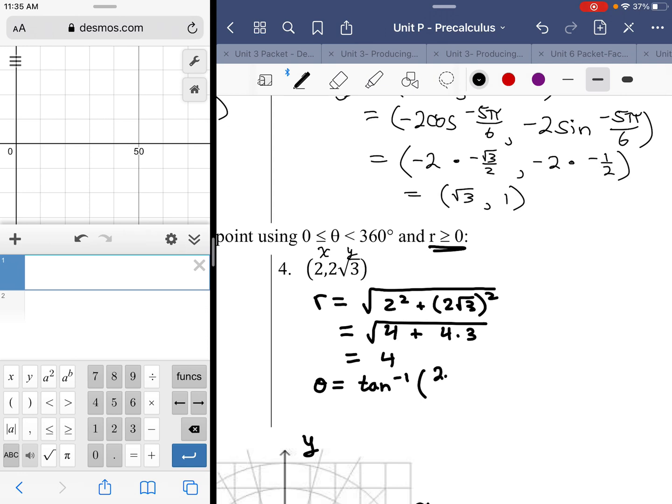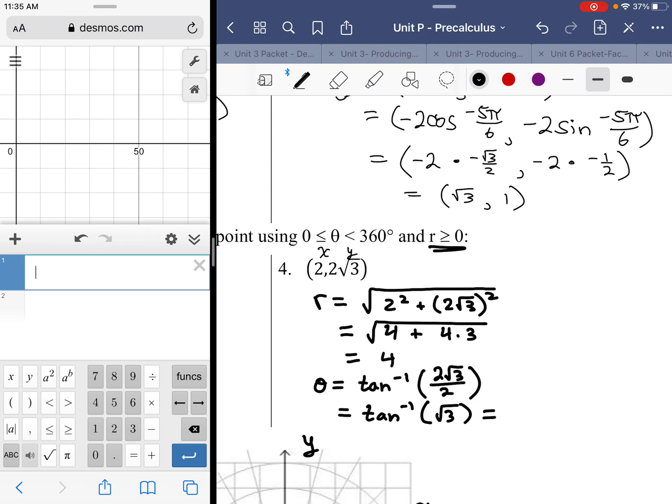All right, theta is going to be the inverse tangent of y over x, 2 rad 3 over 2, which corresponds to rad 3, which, based off of our knowledge of the unit circle, could put us in the first or the third quadrant.